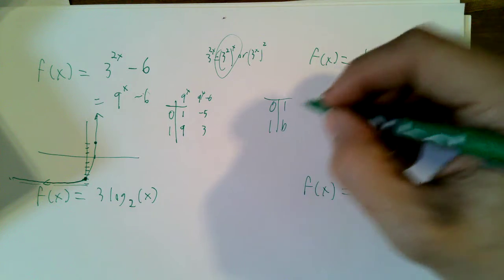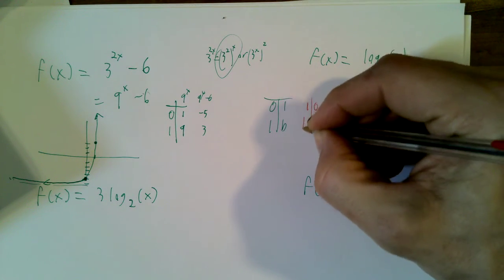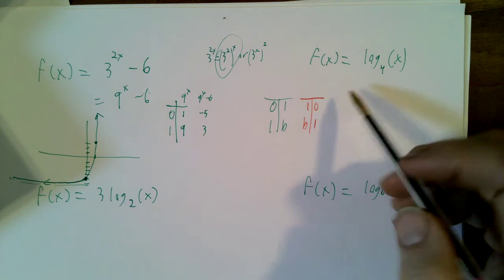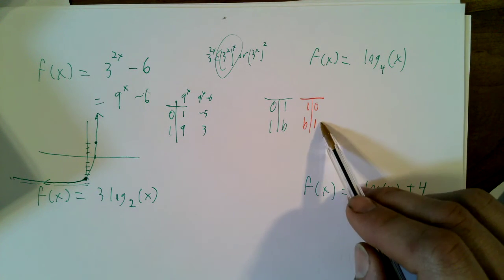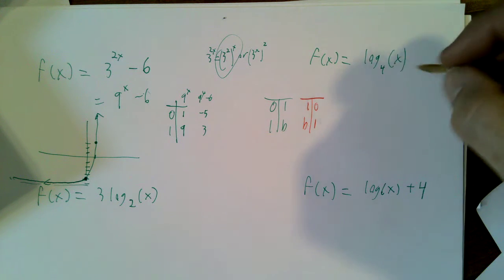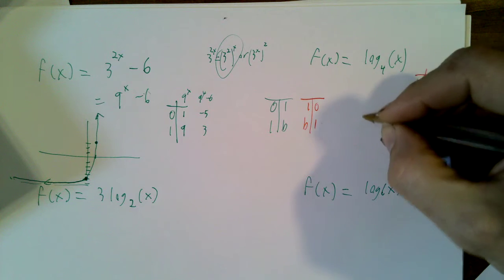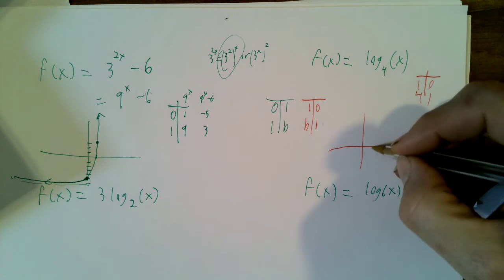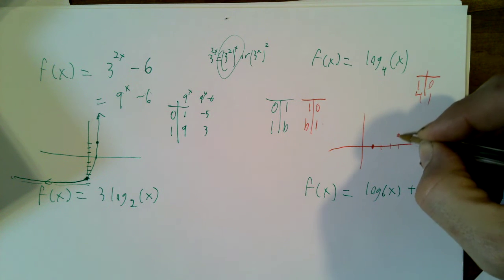The key points for logarithms are going to be 1, 0, and b, 1. The log of 1 is always 0, and the log of the base is always 1. So for something like this, my 2 key points would be 1, 0, and 4, 1. For a basic logarithm, your key points are this x-intercept now, and when x is 4, I get 1.